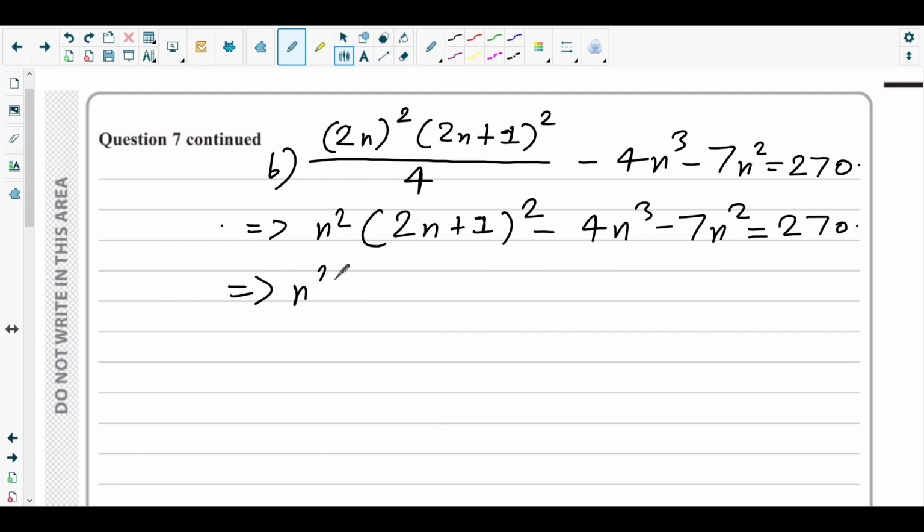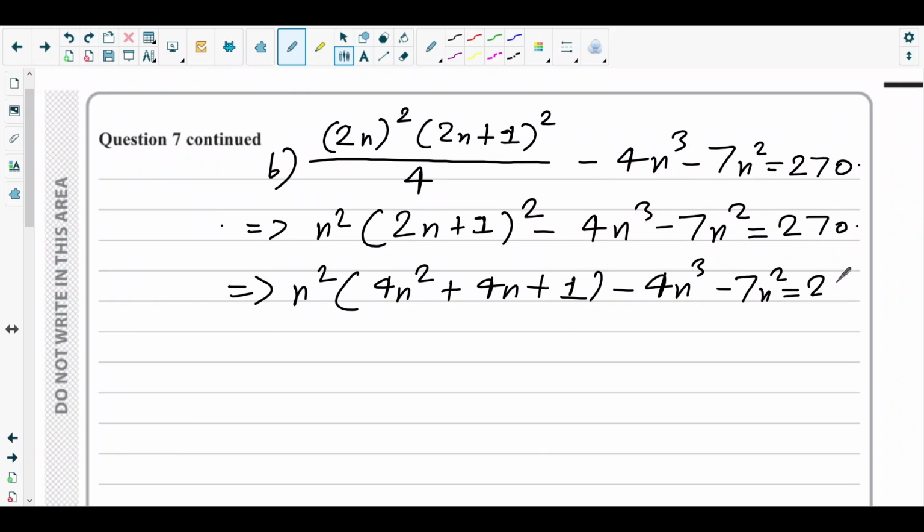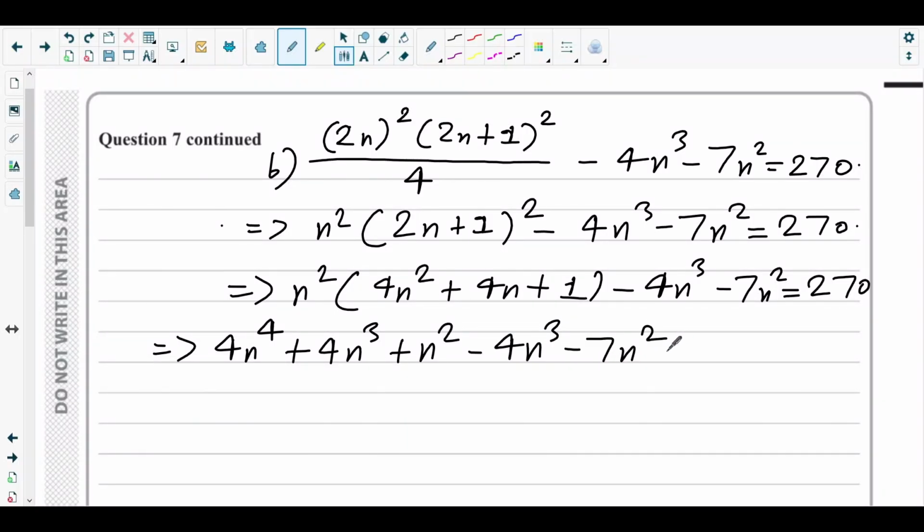Now expand the bracket: a squared plus 2ab plus b squared, and then multiply. So you will get 4n to the power 4 plus 4n cubed plus n squared, minus 4n cubed, minus 7n squared, equals 270.